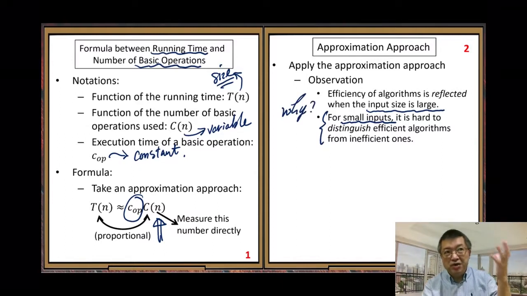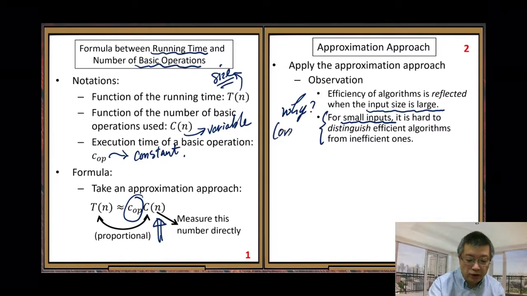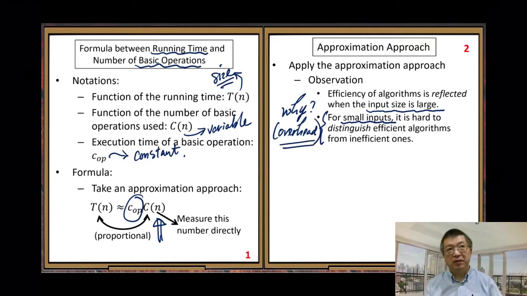If I use one word for the reason, it is the overhead issue. What is that overhead issue? When we run an algorithm, we need to pay some overhead. What's that? Preparation. We need to do some basic preparation, right? You need to pay some cost for the preparation.